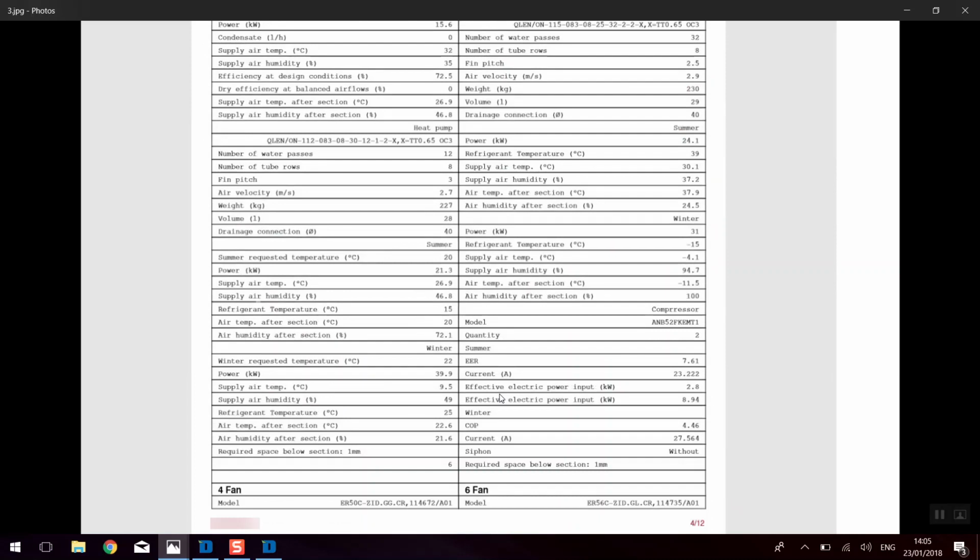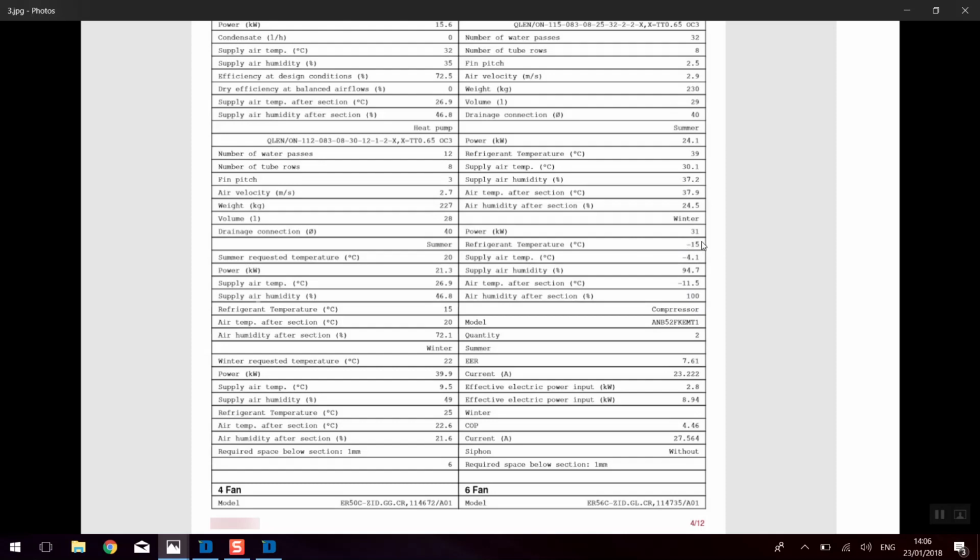Again, on the extract side, the evaporator inlet temperature is minus 4.1 degrees, the outlet temperature is minus 11.5, and it is written that the refrigerant temperature, or maybe they mean evaporation temperature, is minus 15, which again, for a coil with a velocity of 2.9 meters per second, we put very serious doubt on that number minus 15.